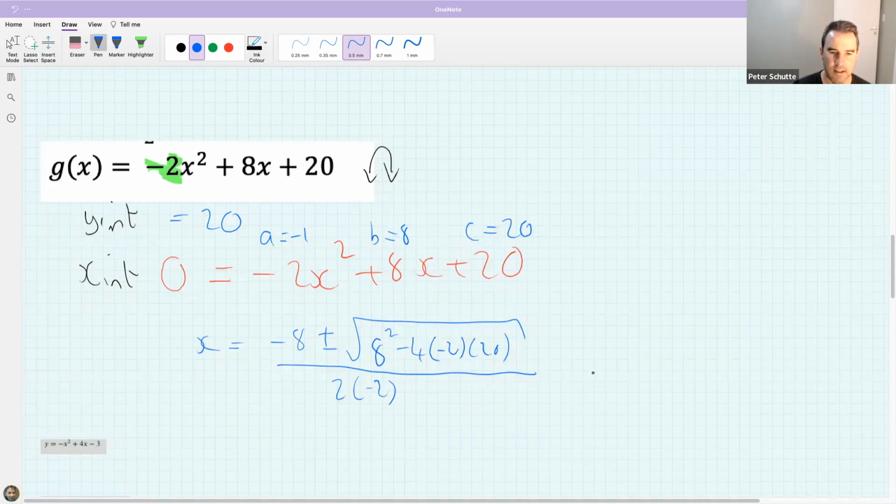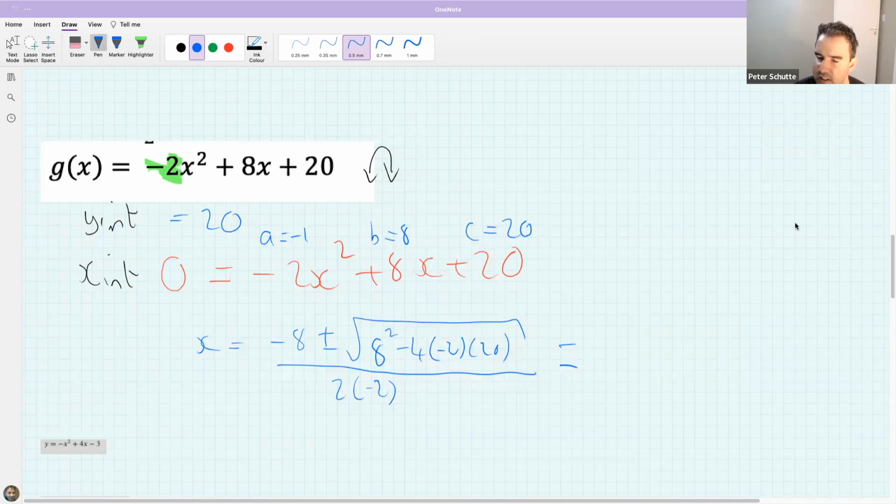So what do we get as our x-intercepts? So I see lots of students are getting x is -1 and x is 5.